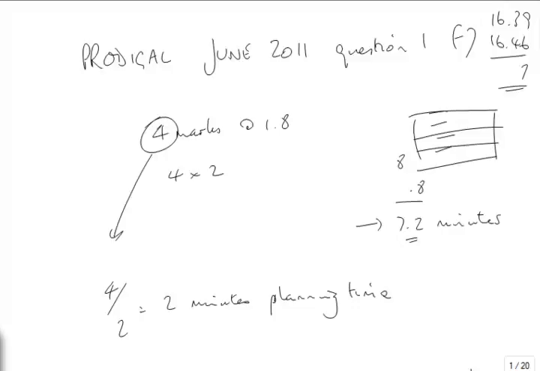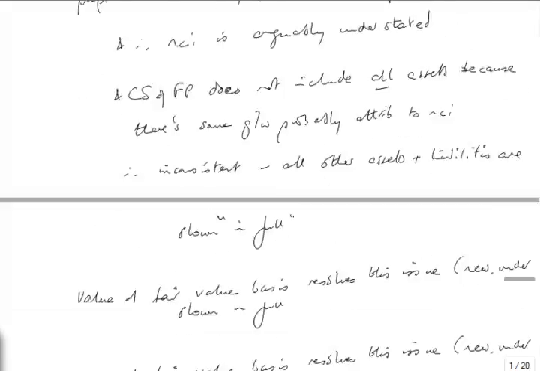Okay, so 7.2 minutes. What I've now got is 21 marks to do, and 21 marks is 42 minus 4.2, which is 37.8 minutes. 0.8 is 48 seconds.